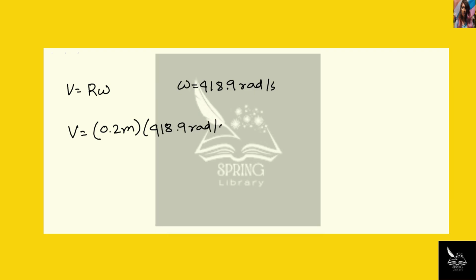Omega is 418.9 radians per second, so V will be 0.2 meters times 418.9 radians per second. That gives us 83.8 meters per second. Thank you.